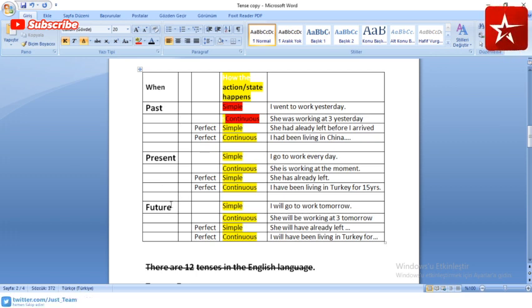Past simple, present simple, and future simple, it would be easier to think of them as being the same tense. Not technically, but in terms of action or state. The same reasons we use present simple are the same reasons why we use past simple. The reasons why we use past simple are the same reasons why we're using future simple.